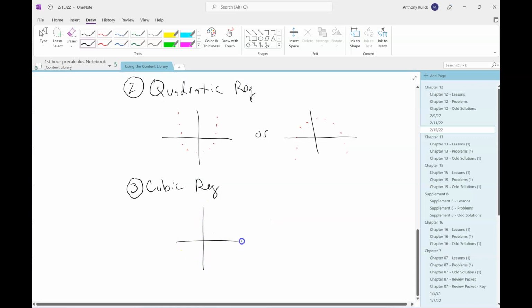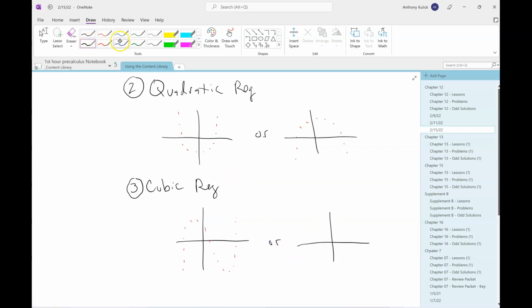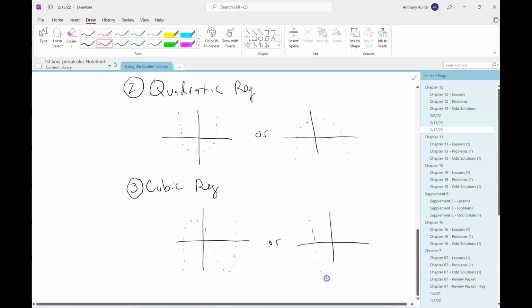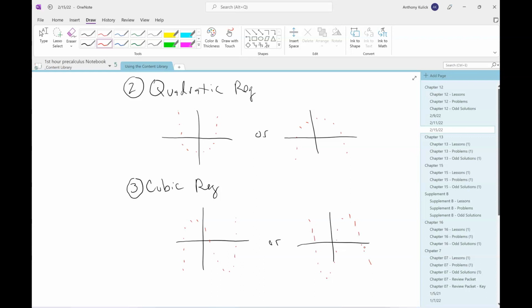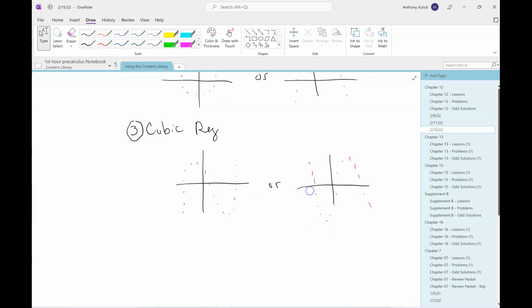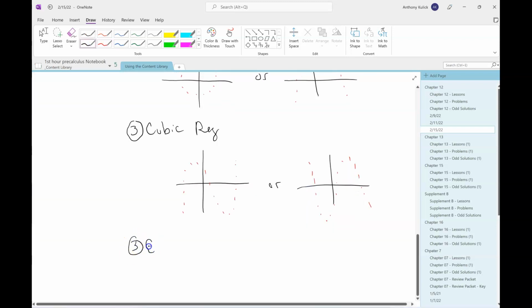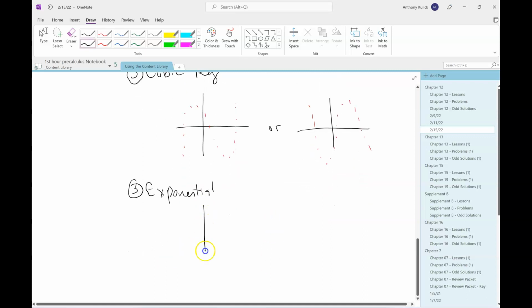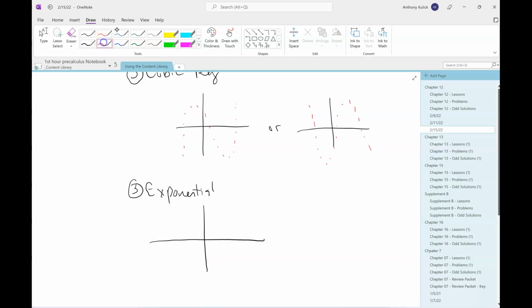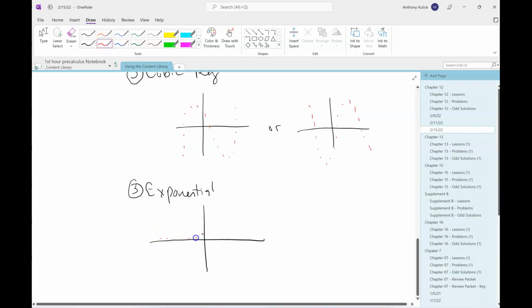There's cubic regressions. What would we want that graph to look like? Well, like a cubic. So you'd want 2 bends in it. There's exponential.